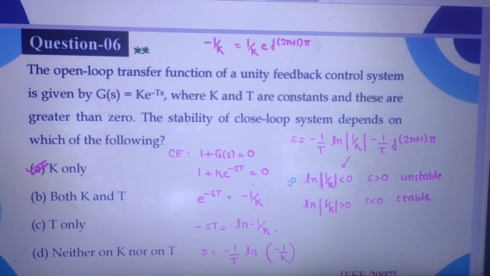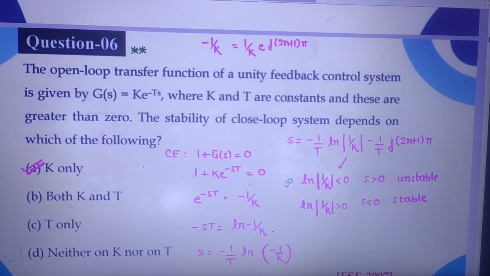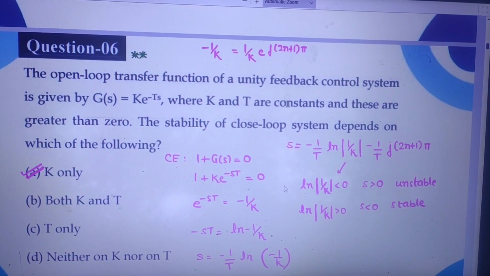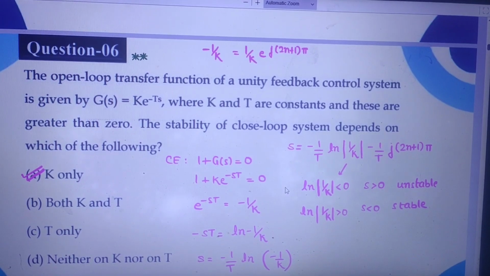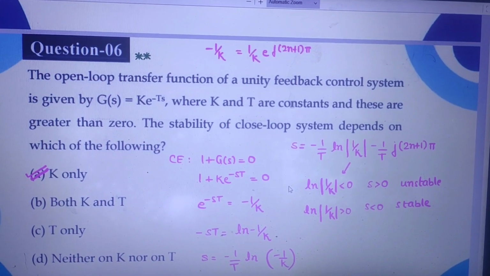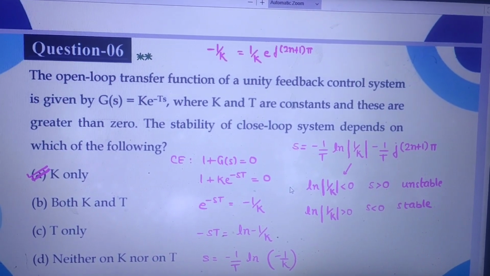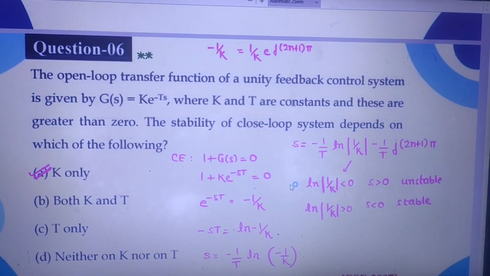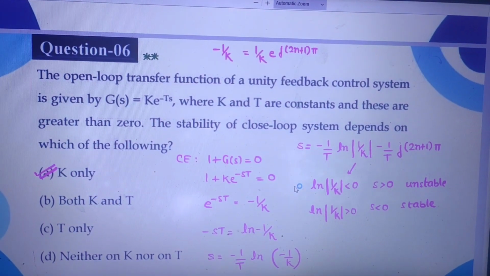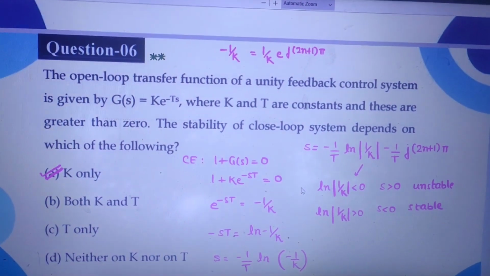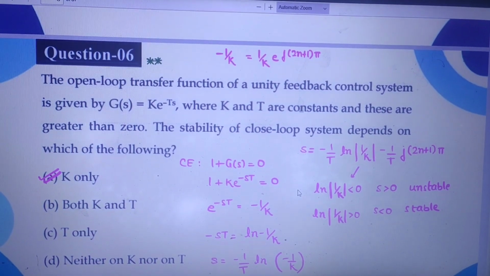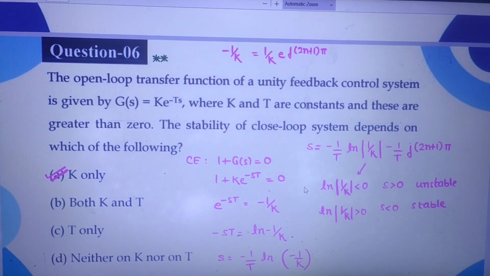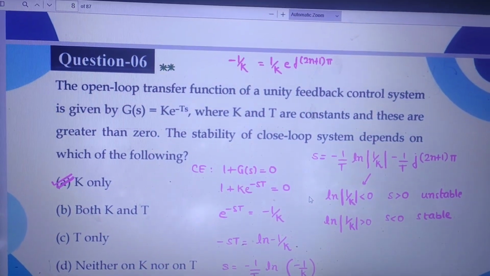Here ln of 1 by K less than 0 means s is greater than 0, so the system is unstable. Ln of 1 by K greater than 0, s is less than 0, so it is a stable system. So it depends only upon the value of K, it does not depend upon T.